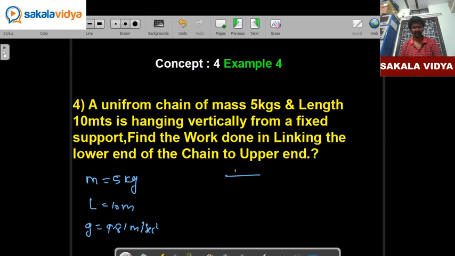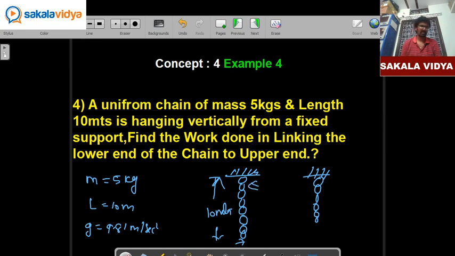A chain is given of mass 5 kg and its length is 10 meters. What you have to do here is link this lower end with the top end. If this is our lower end and this is our top end, we link lower with top, then it becomes like this.